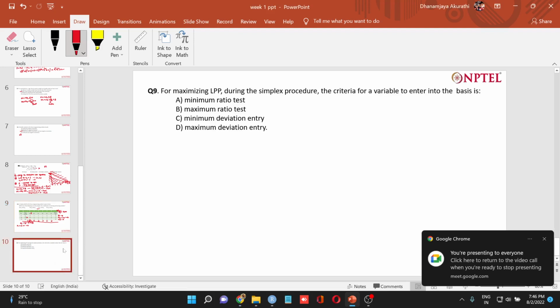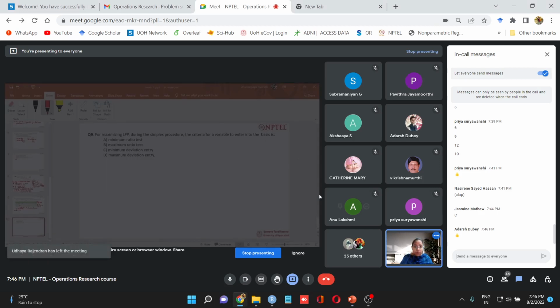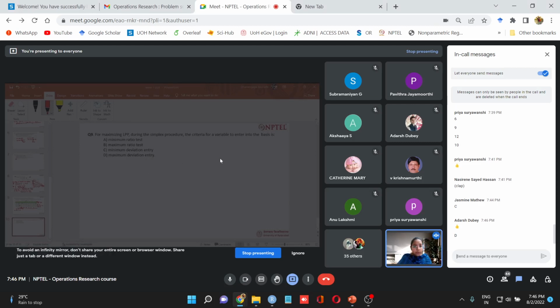Next, moving to the next problem. Question 9. For maximizing an LPP during the simplex procedure, the criteria for a variable to enter into the basis is... I told you just now. Please respond with your option. What should be the answer for question 9?